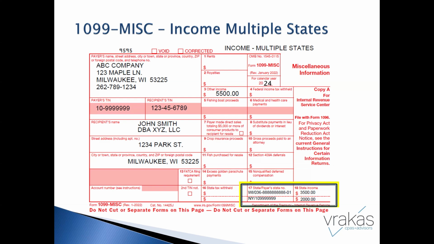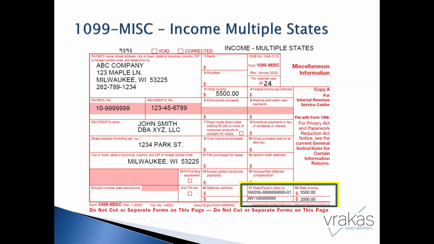This, you break out the state information based on where the service was performed, not where you paid for the services. So you could have an address for your recipient be Wisconsin, but the services were performed in California.